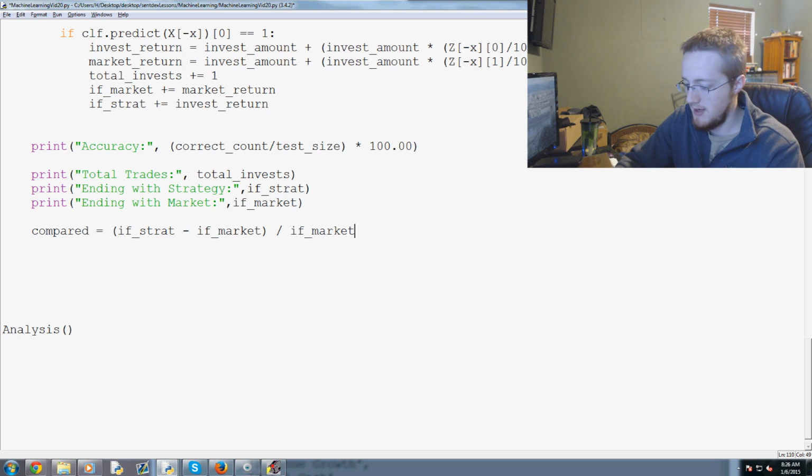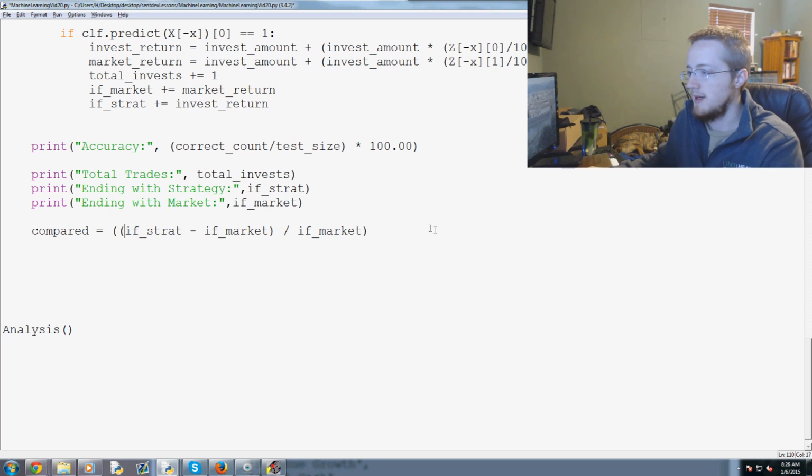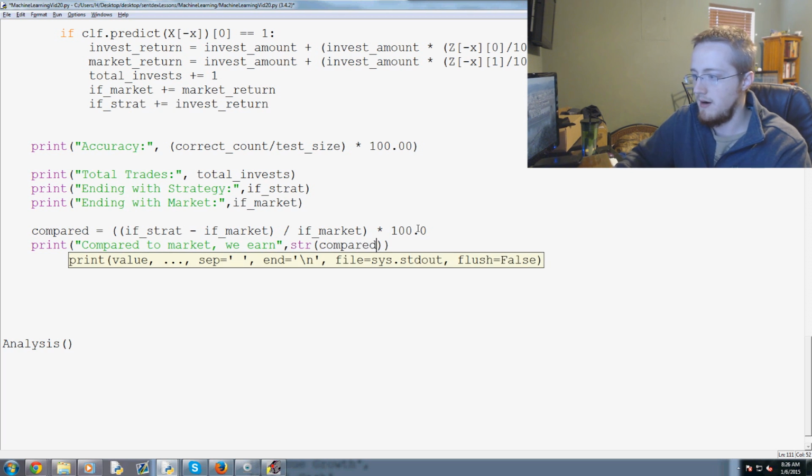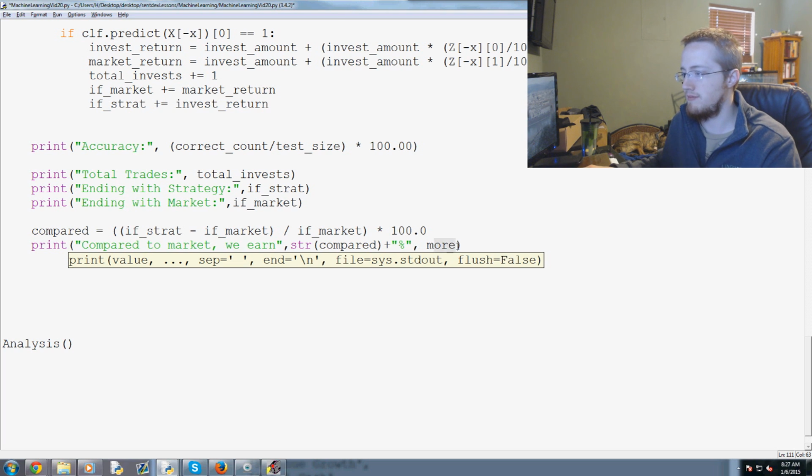If_market, and then we basically encase all of this in parentheses, and then multiply by 100. Then what we're going to do is we're just going to print: compared to market, we earn, and then the string compared, plus percent more. Actually, that's not necessary. More.